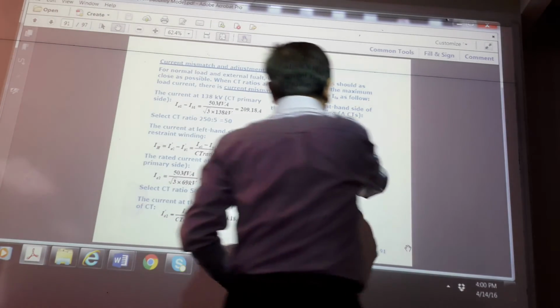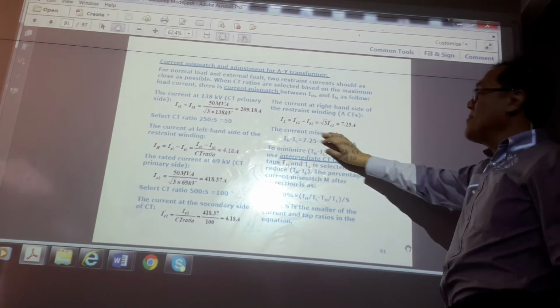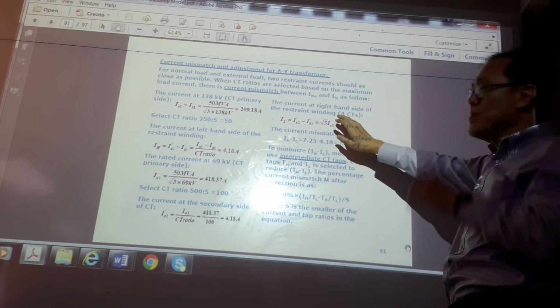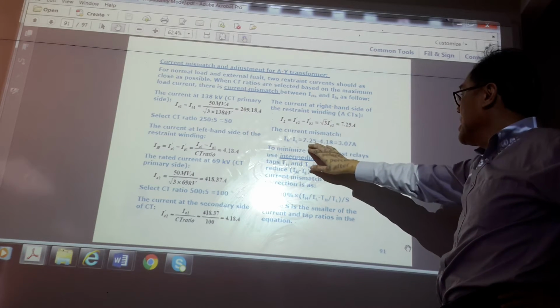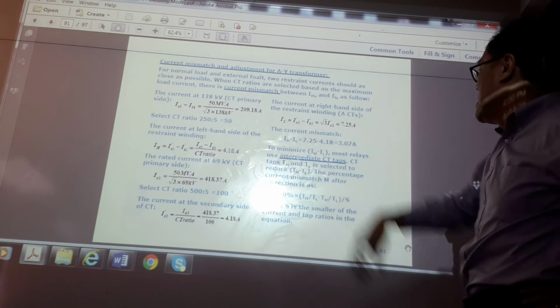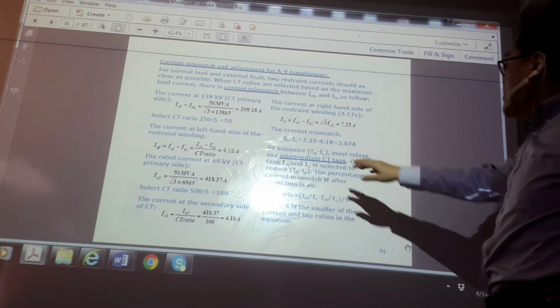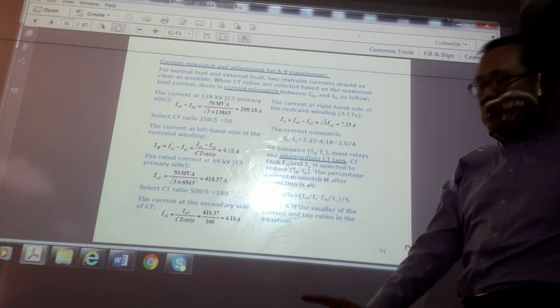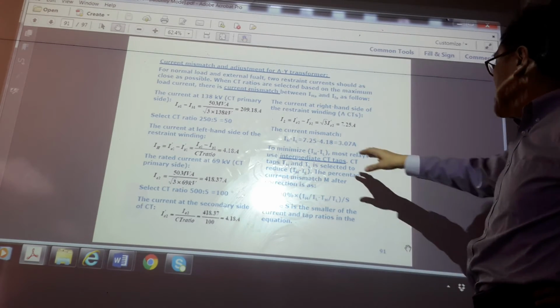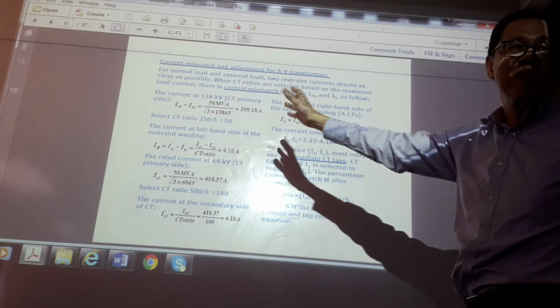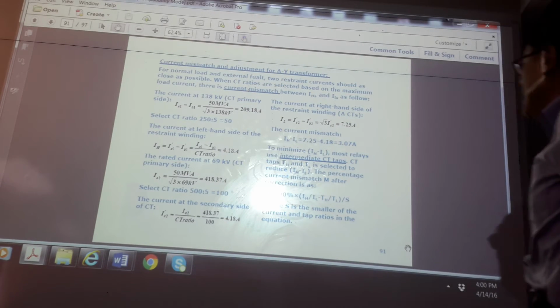In fact, it's very similar. Not exactly the same value. So far we have already computed on the delta side of the CT, root 3, and then take the difference. We just finished, right? So we want to actually minimize the current going through the operating winding, the one that drives the relay. And this value, as it turned out, something like 3 amps, 3 plus amps, is very high.